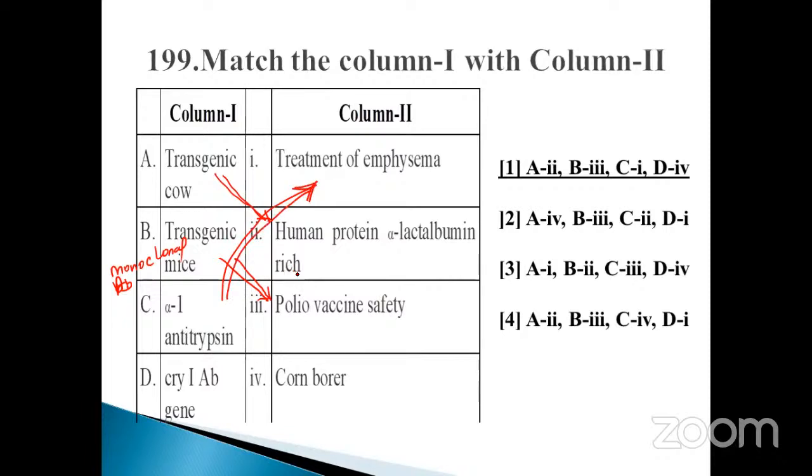Don't forget. Okay, the last one is the cry1AP gene. It is the controlling agent of corn borer. Corn borer means, what does that mean? Borer is nothing but an insect. Corn borer attacks maize. In Tamil we call maize makkacholam, isn't it?